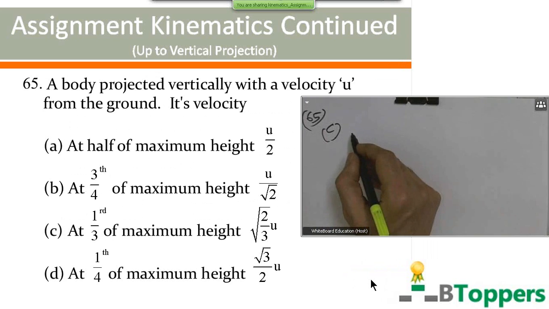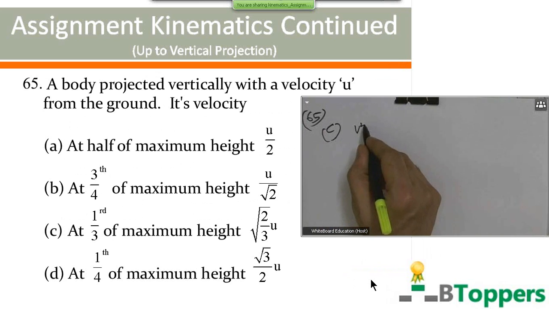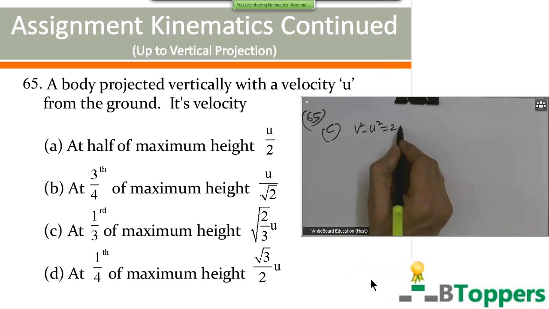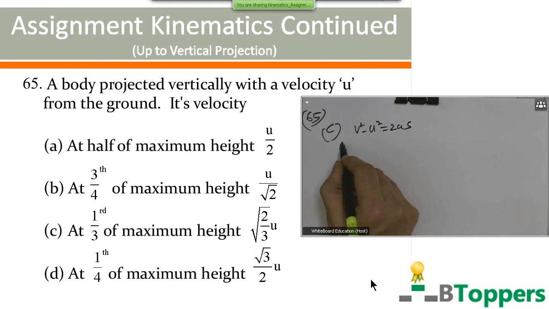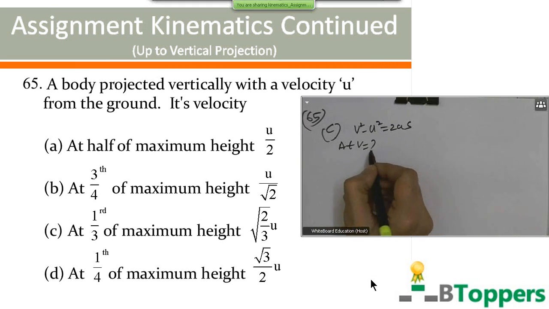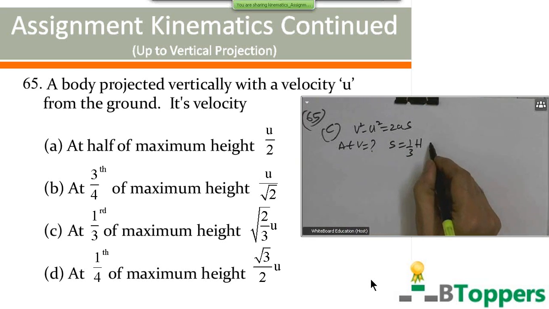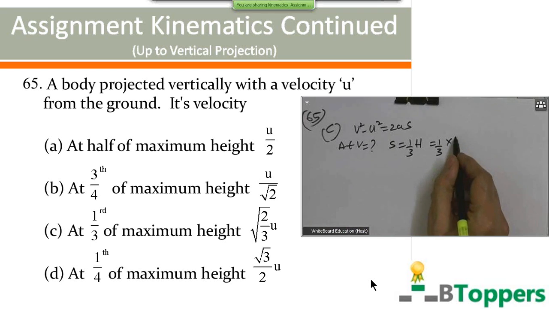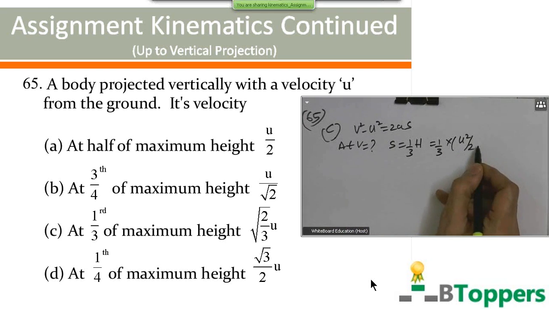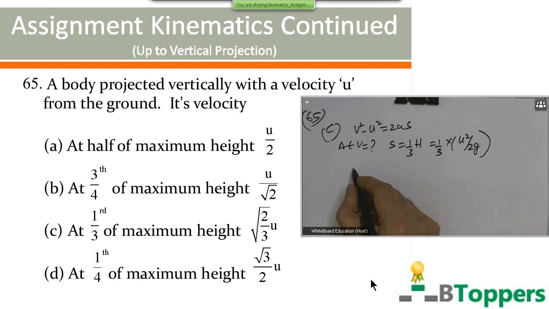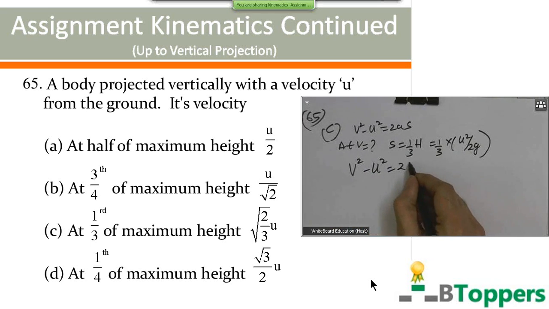If you see 65C, use the equation v square minus u square equal to 2as for upward motion to find the velocity at 1/3 of the maximum height. You have to take s equal to 1/3 of the maximum height, that is s equal to 1/3 of u square by 2g. And you can substitute a equal to minus g in the case of vertical projection.